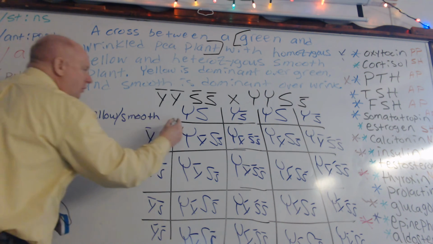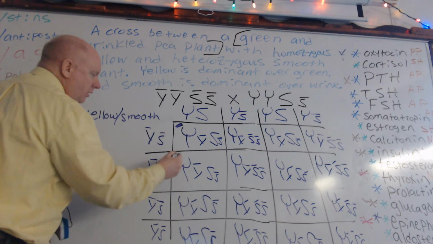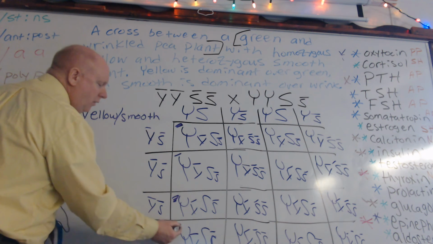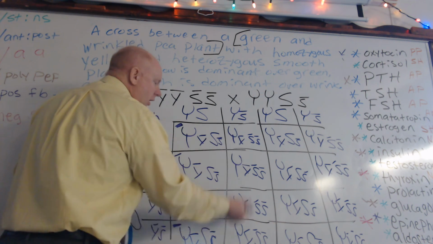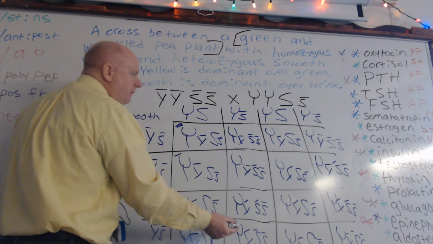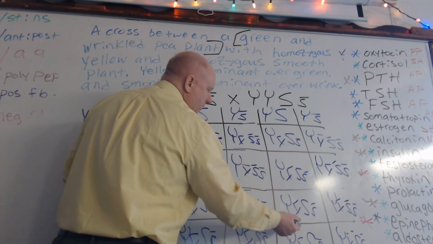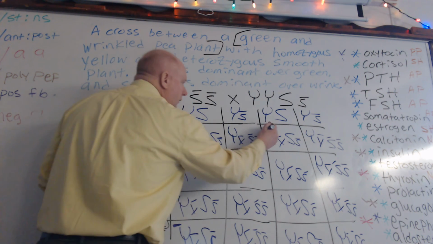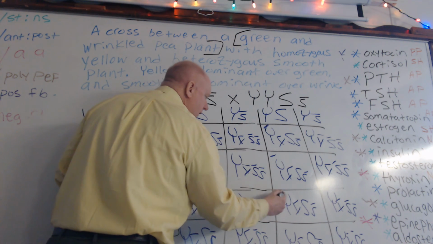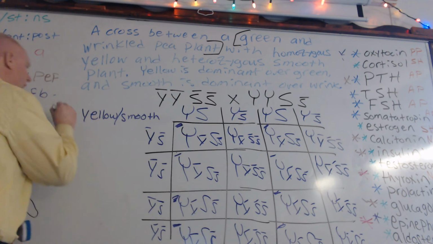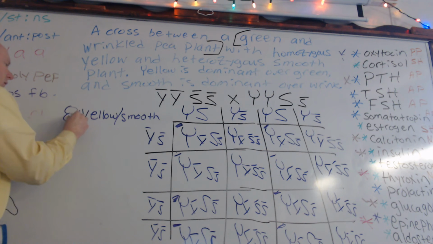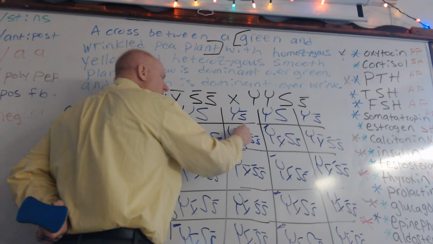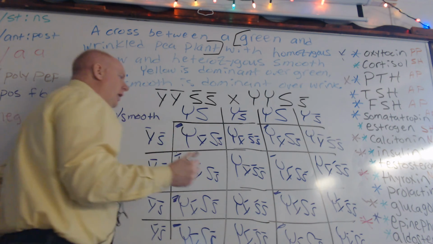So yellow and smooth, we've got 1, 2, 3, 4. Not yellow and smooth. This one's yellow and smooth, it looks like. So 5, 6, 7, and 8. That means we need to pick a different combination. And this is yellow and what?